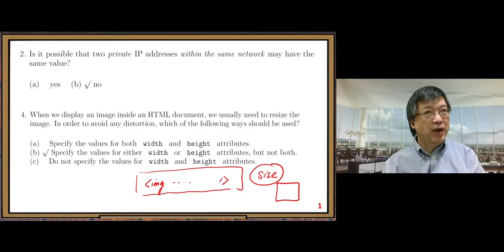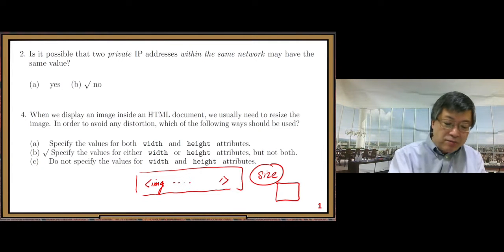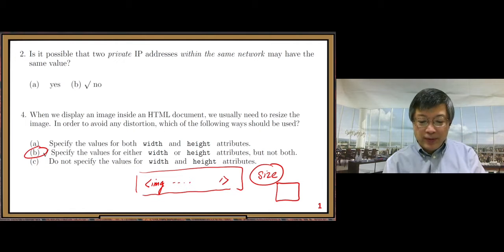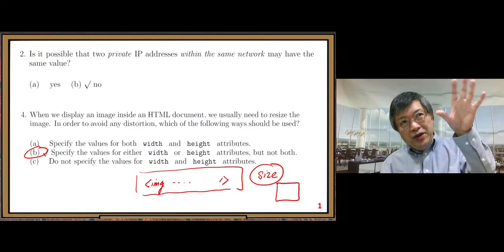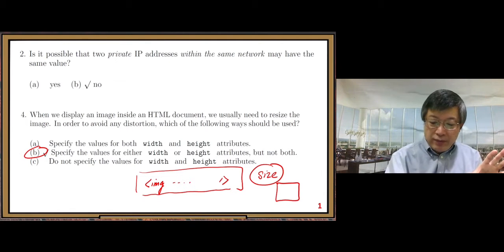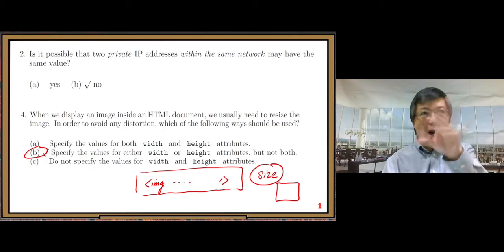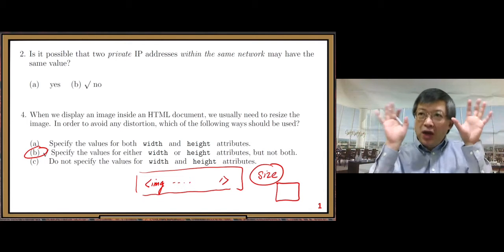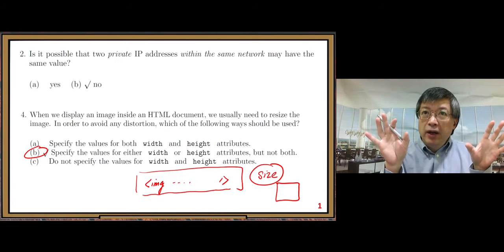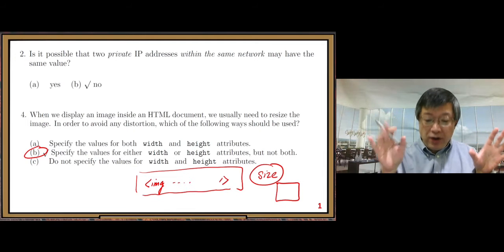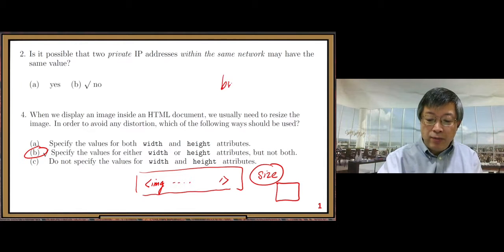So later I explained the answer. The answer is this, B. Because you only use one of the two attributes, width or height. Do not use both. If you use both, then you have the burden.